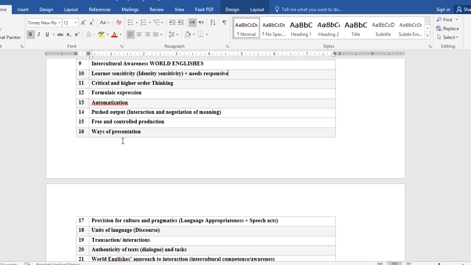Production itself is not important. The interaction involved in that production is important. The creation of space and opportunity for modifying the produced language is important, okay? So when we say pushed output, it means that we are going to have interaction and negotiation of meaning.